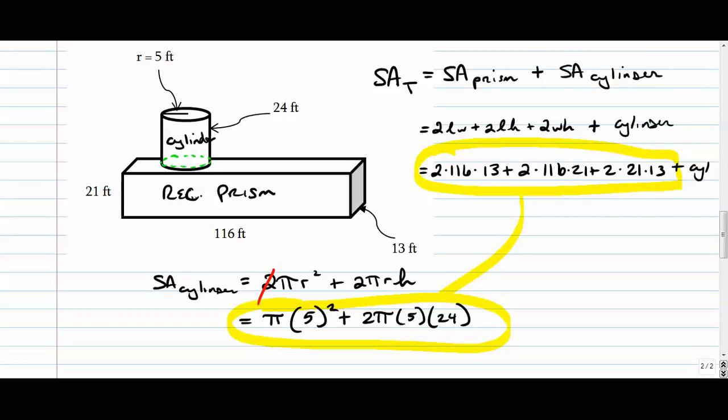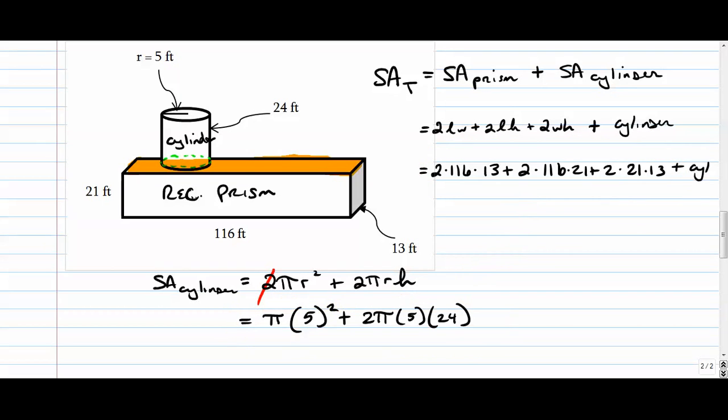If we found the surface area of this entire rectangle, the top of the prism, in other words, the green circle here is not on the surface. So our job is to think about that and take it away. In other words, we're not going to just simply add those two together. Now we're going to take away from the whole thing.